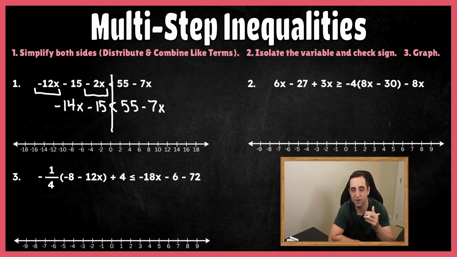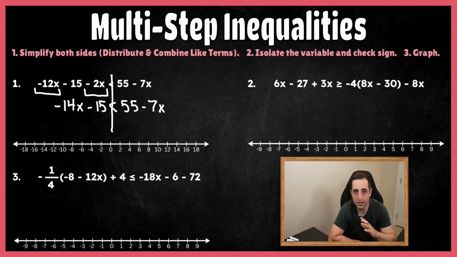We've simplified it as far as we possibly can go before we start actually shifting the variables over to one side. Because as of right now, we have an x on the left side and an x on the right side. Well, it's hard to isolate if they're on both sides. So it doesn't truly matter which side you move the variable to, as long as it's isolated, whether it's on the left side or the right side.